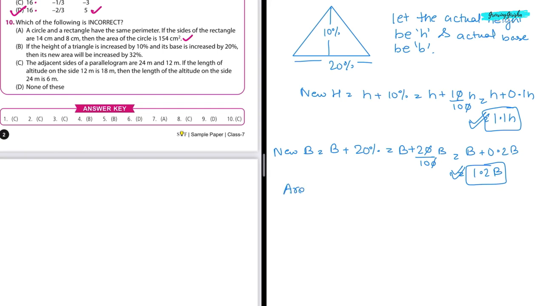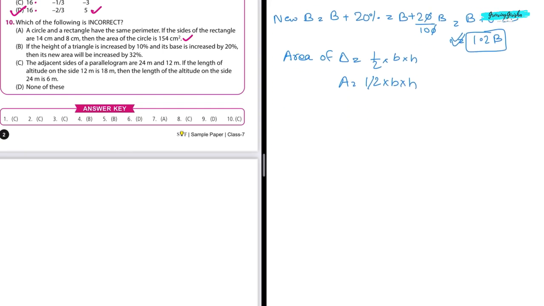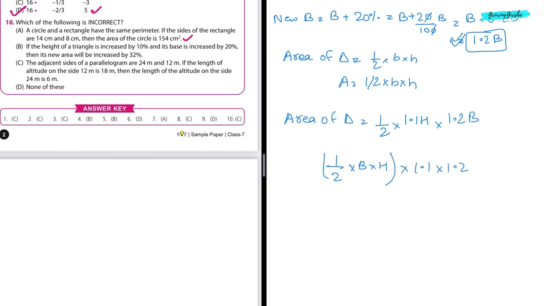In a normal triangle, area of triangle is equal to half into base into height. A is equal to half into base into height. If I plug in the new base and new height, area of triangle is equal to half into 1.1 height into 1.2 base. If I extract the actual formula from this, it will be 1 by 2 into base into height into 1.1 into 1.2.